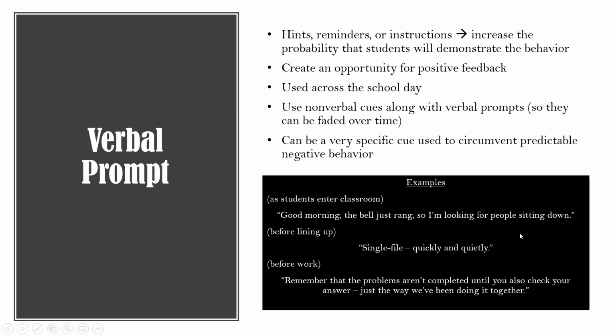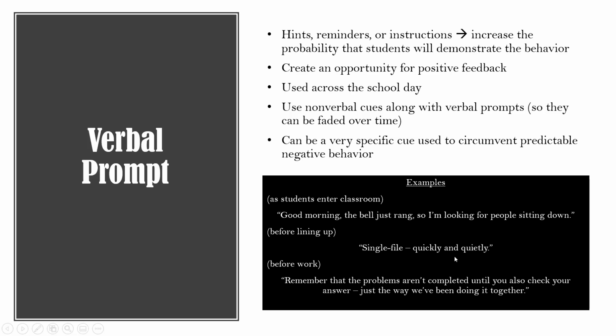And then making sure if you're prompting and they engage in the correct behavior, at least at the beginning, you want to make sure and reinforce that behavior. And then once they're reliably sitting down when the bell rings, you want to start fading that prompt out. And then you only want to reinforce the kids that sit down right when the bell rings without your verbal prompt. And then you might say before lining up, single file, quickly and quietly.